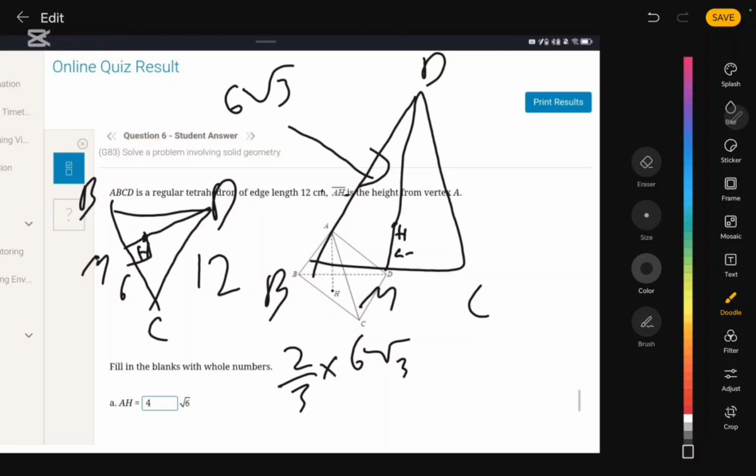That's how you find the longer side. To find the shorter side, you do 1 over 3. So 2 over 3 times 6 radical 3 is going to equal 4 radical 3. So now we have 4 radical 3, which is DH. So now let me clear everything.